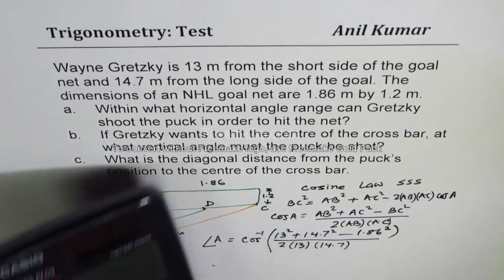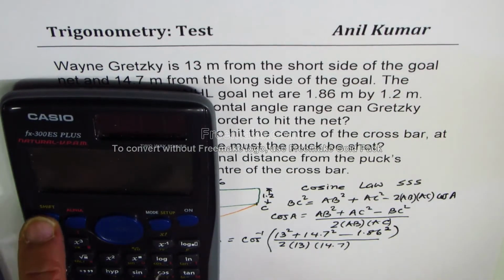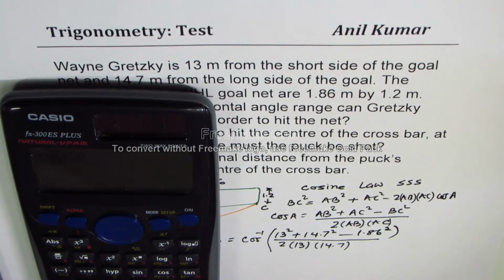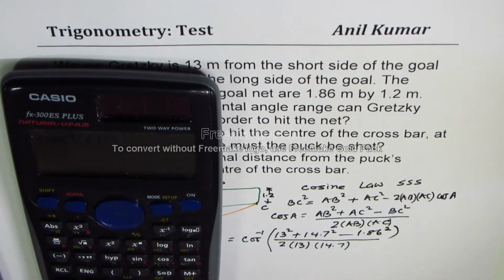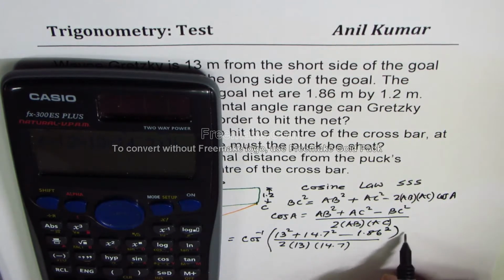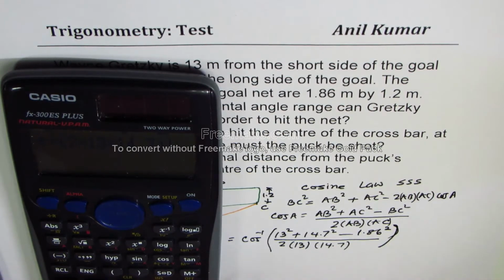So let us use the calculator to calculate this value. We do shift cos inverse. It's good to put two brackets since we have numerator divided by denominator. 13 square plus 14.7 square minus 1.86 square, first bracket close, divided by another bracket for the denominator, 2 times 13 times 14.7, two brackets close, one for the denominator and the other one for the whole big bracket.